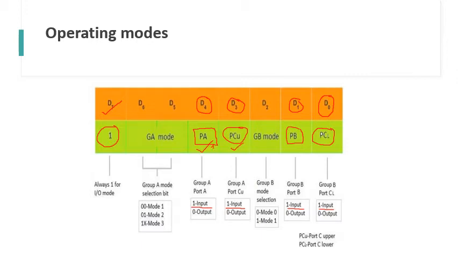If we write a 1 here, then port A, port C upper, port B and port C lower all are going to act as input ports.